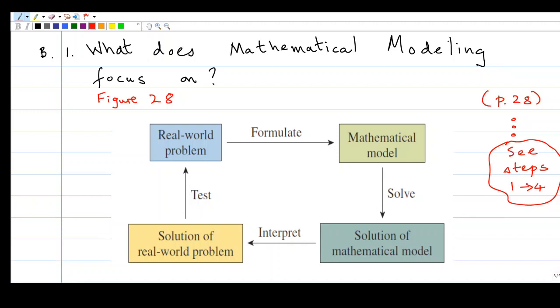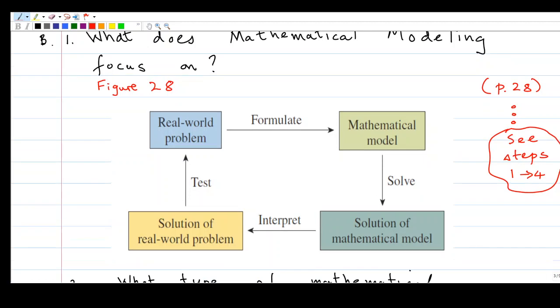So we have a real world problem. That's the part in blue. What mathematicians do is they formulate a mathematical model, right? Then you solve that model, you end up with a solution of the mathematical model.